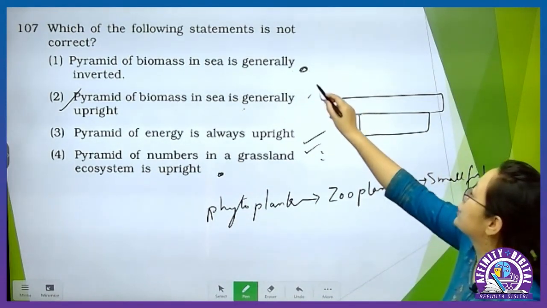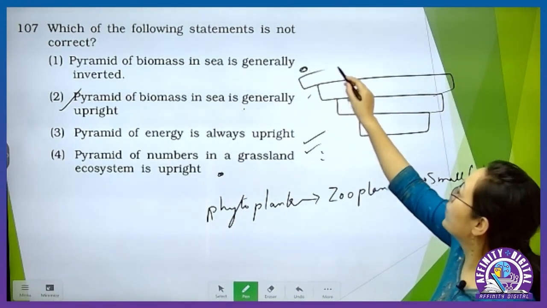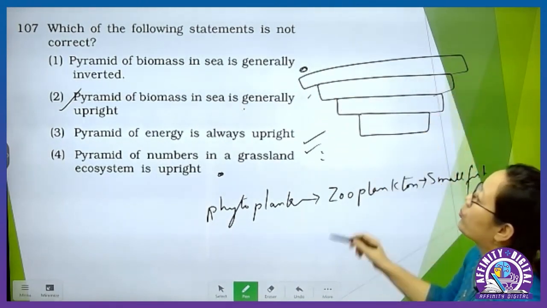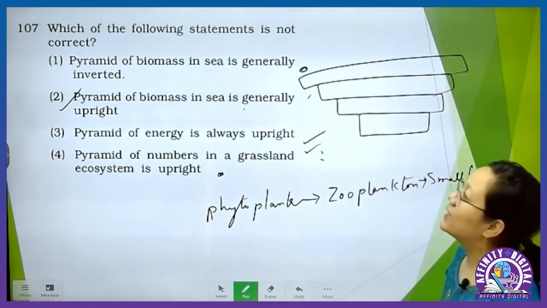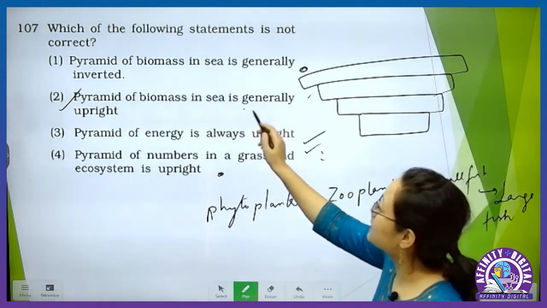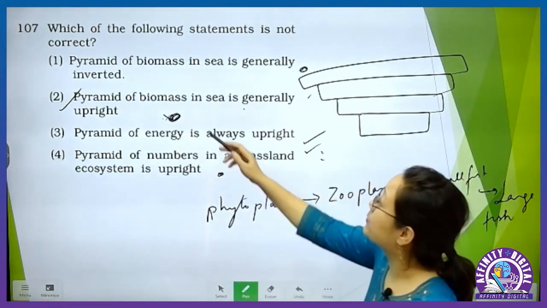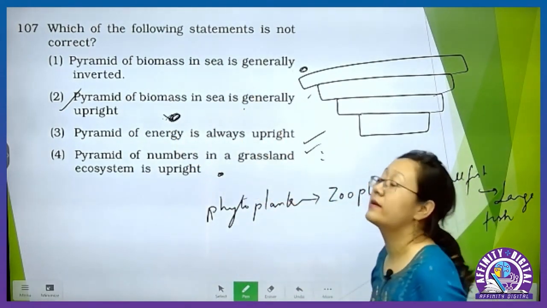Then comes small fish, the biomass will be more. Then obviously the large fish will have more biomass. So pyramid of biomass in the sea should be inverted, but here it is given upright. So this will be the answer, because here the question is asked about the incorrect option.